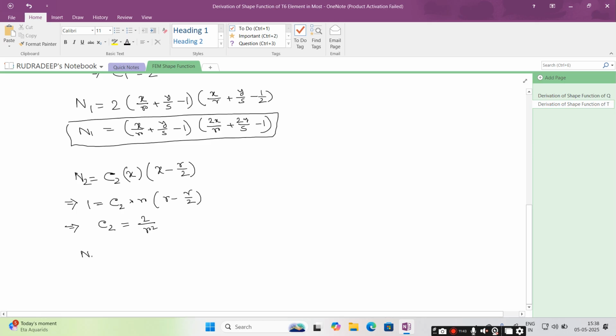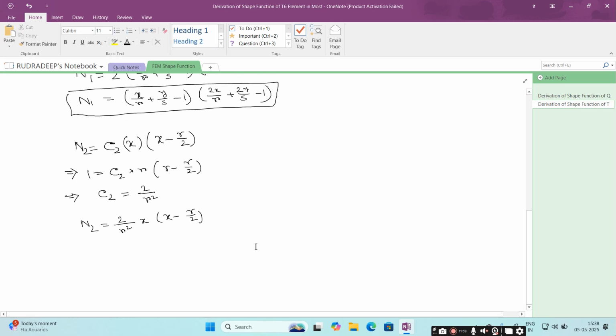So n2 will be 2 by r square x into x minus r by 2. Just rearrange those.